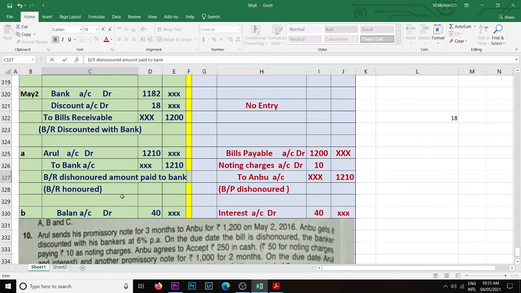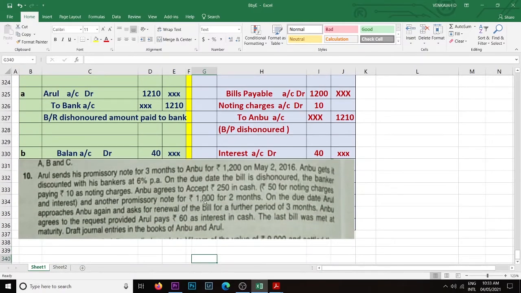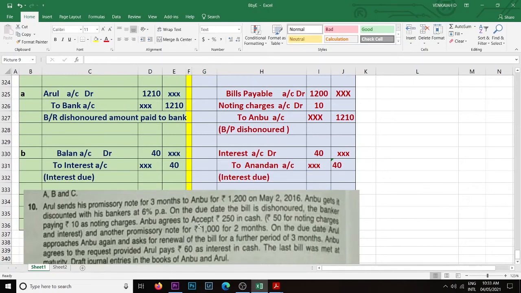He is unable to pay the bill amount to the bank. That's why we discounted the bill with the bank. So it is our responsibility to pay back to the bank only. Okay, bills receivable discounted also over.